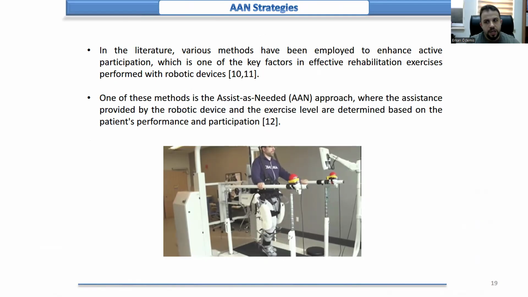In this strategy, robotic assistance is applied when the patient deviates from the desired therapy trajectory or cannot complete the rehabilitation exercises.